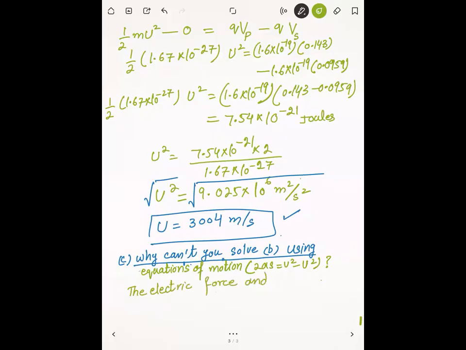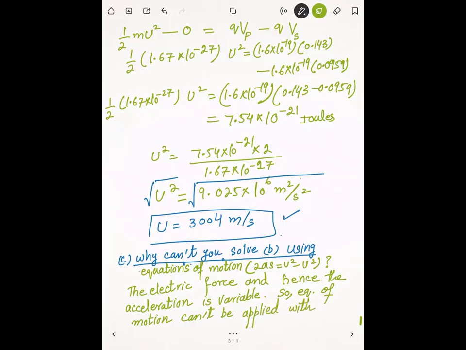and hence the acceleration is variable, so equations of motion cannot be applied with variable acceleration.